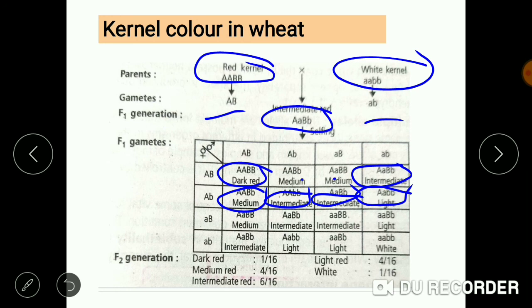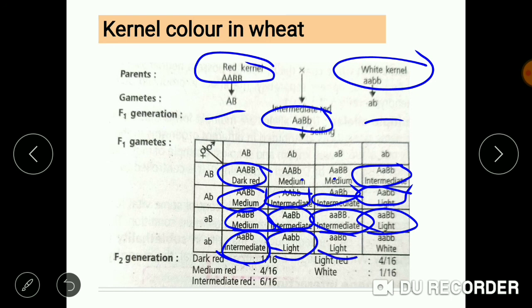Now again here only one recessive allele is present, so medium color. When both are in equal proportion, then intermediate color. Here also intermediate color as both are in equal proportion. Here three recessive alleles are there, so light red color. Here also intermediate, both are in equal proportion, and here the light red color as three alleles are recessive.